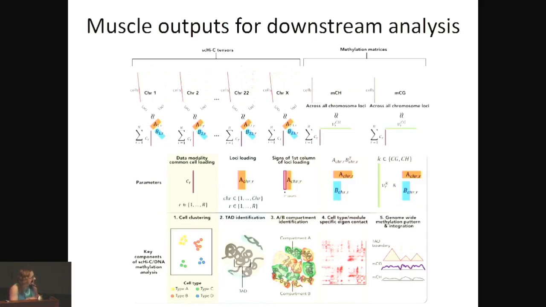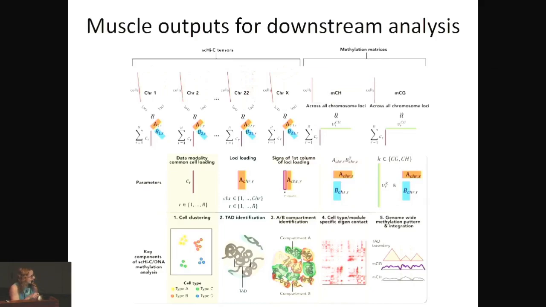We already talked about cell loadings and how you can use them to learn about cell types. Loci loadings are already denoised, and you can use them to infer topologically associating domains. And the sign of the first column of the loci loading can be used to learn AB compartments.